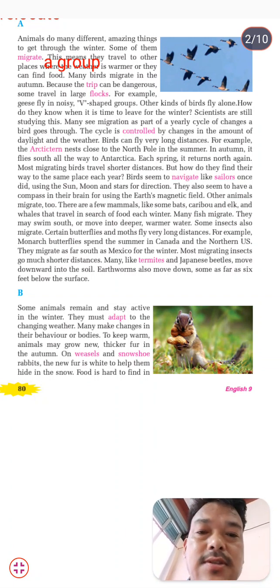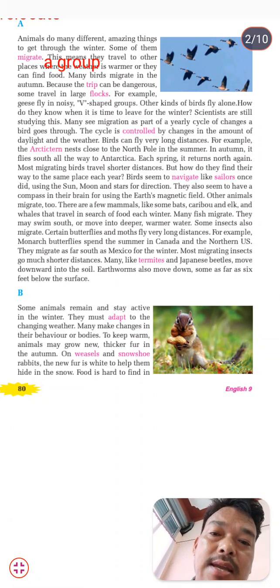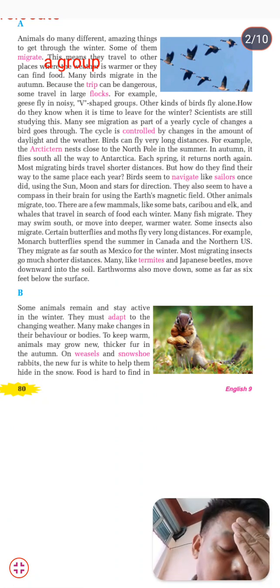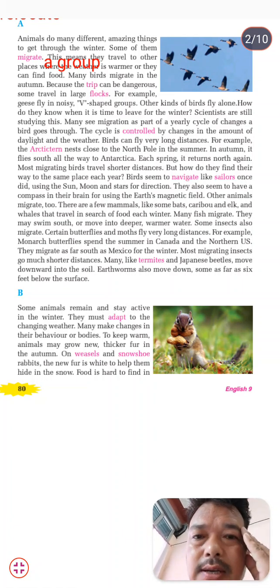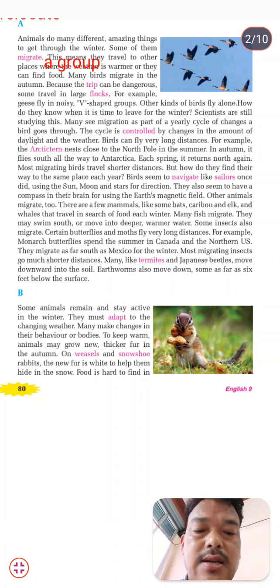So this whole cycle is controlled or managed by the change in the amount of daylight and the weather. So what are the main factors here? One is daylight and the other is the weather. These are the main factors that are controlling this whole cycle of migration.